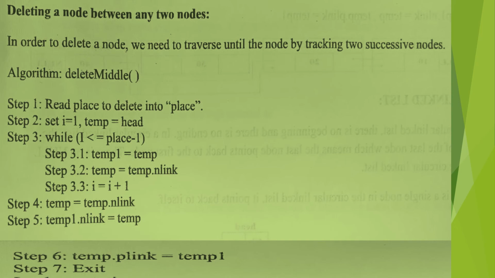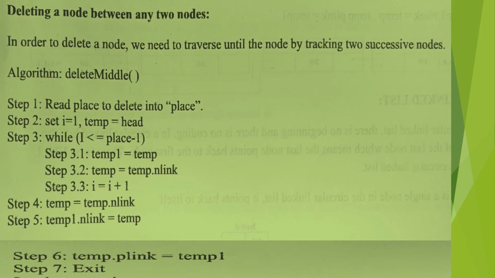Deleting a node in between any two nodes. For this we want to remember two successive nodes. If we want to delete a node between any two nodes, for this we have to take the value of the place or position where we want to delete the node.